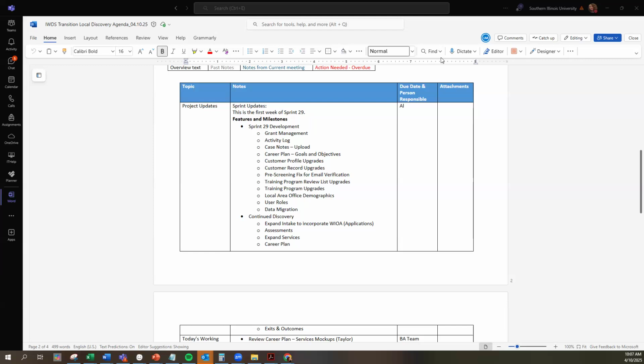We are currently in the first week of Sprint 29. We are working on some grant management items, activity logs, and have some development going on in case notes. We are building the UI for the goals and objectives, but we are still talking through what those preset lists are going to be. We're going to be looking at that a little bit on today's session.